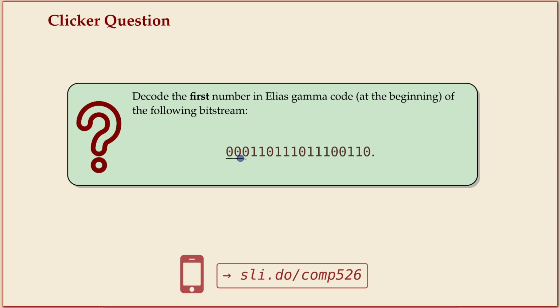Remember, the first is a run of zeros that tells you how long the binary representation is, but that's the length, so it's 3 zeros, but the length is 1 more. So you have to take the next 4 bits and decode that in binary. That's 1 and 4 and 8. That's 13. Okay.